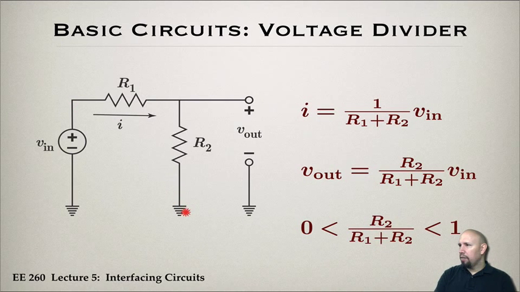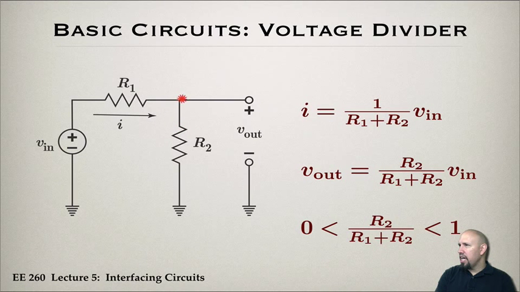The current that flows is the voltage across these two resistors divided by the total resistance. Since this current is given by this expression, the output voltage, the voltage at this node right here, is equal to the current through here times the resistance.